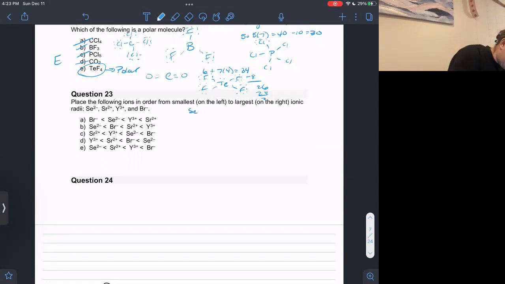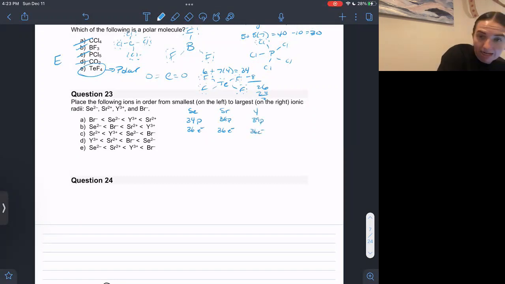So Se should have 34 protons and 36 electrons. Sr2+ is going to be 38 protons and 36 electrons. Y is 39 protons and 36 electrons.